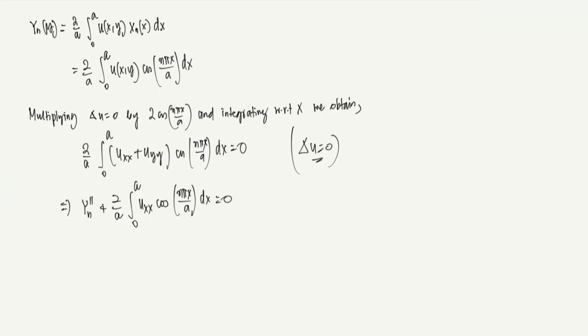And if you integrate the second term by parts, what do you get? Integrating, we get yn double prime of y minus (n pi by a) square yn of y equals fn of y.